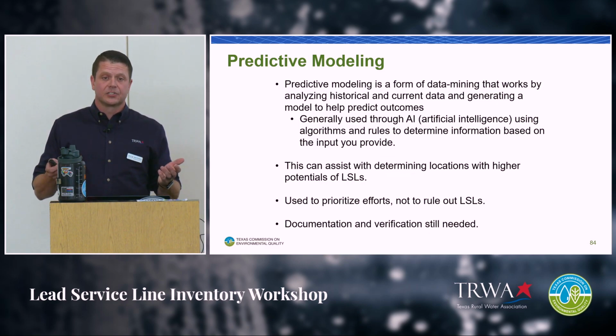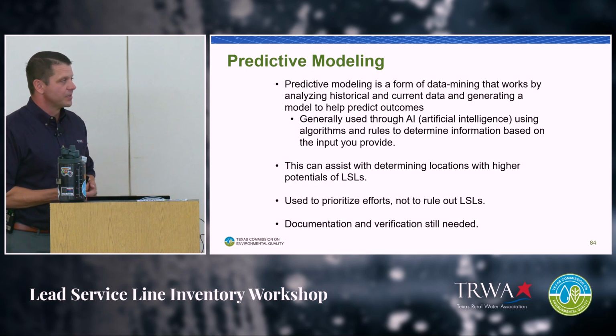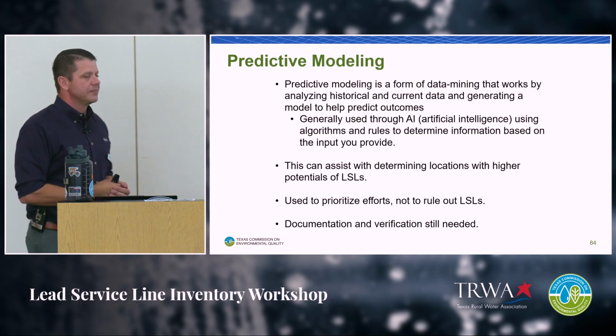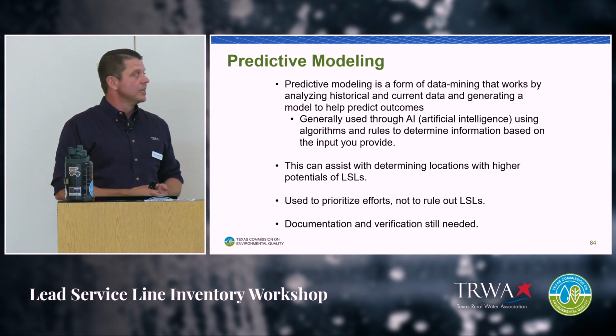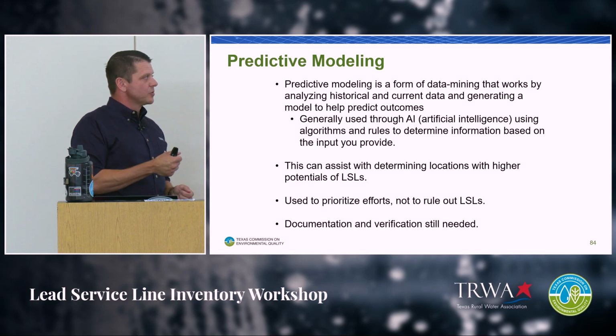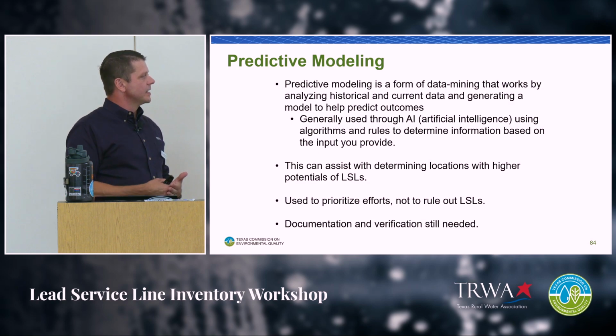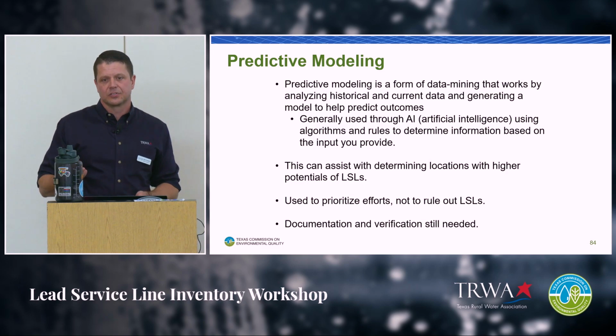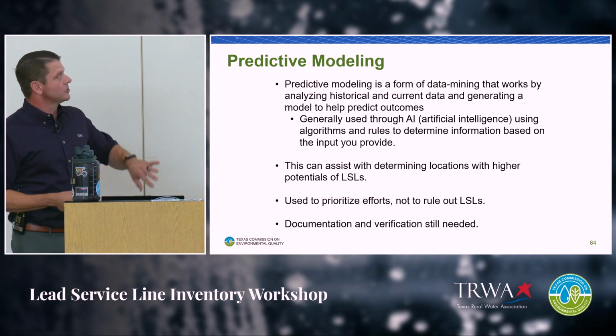There are a lot of service providers out there doing this with the lead and copper inventories and even some of the other LCRR rules, using a lot of AI. This can assist with determining locations and help you prioritize your efforts. So when you have a lot of unknowns and you do something like predictive modeling, you know where to at least start. This really is helpful for very large utilities.